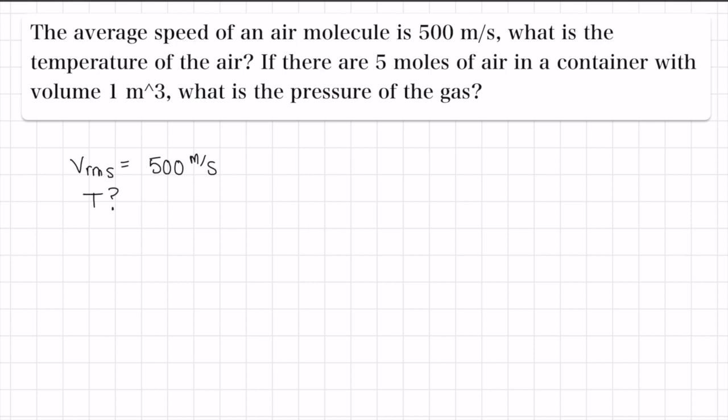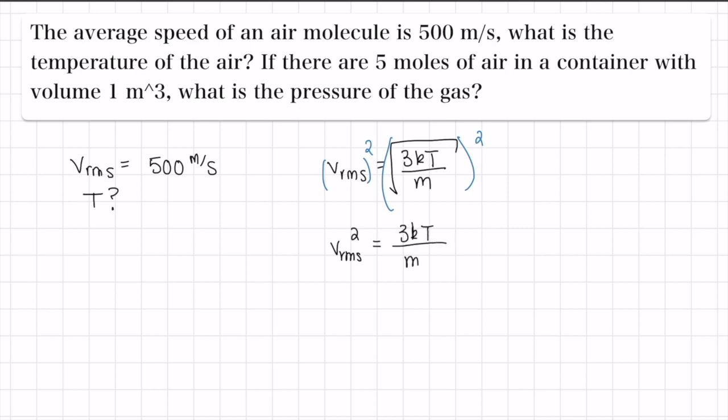So V RMS is equal to the square root of 3kT over m. If we want to rearrange this to get T by itself, we could square both sides. So we'll get V RMS squared is 3kT over m.